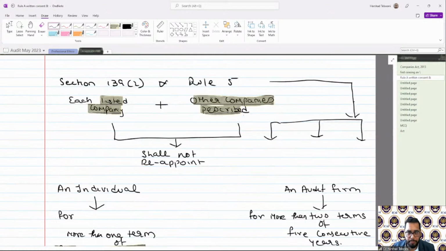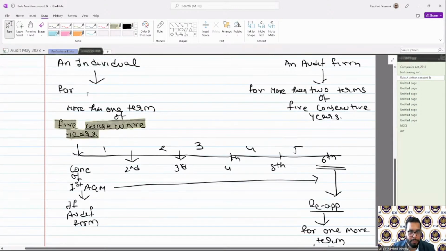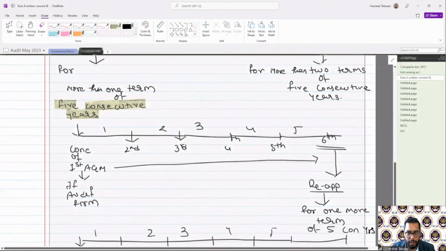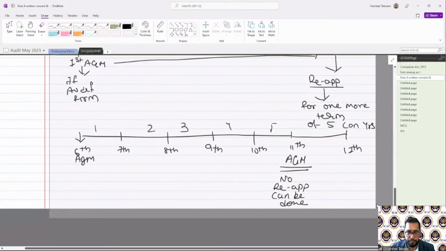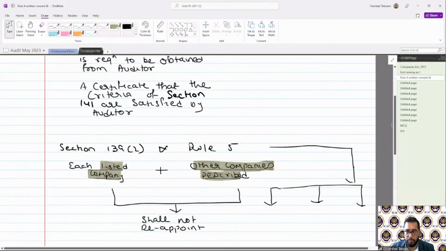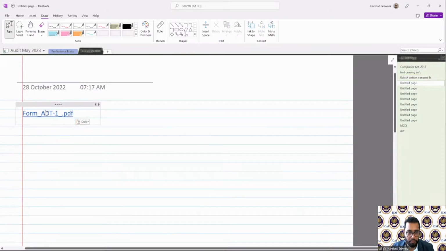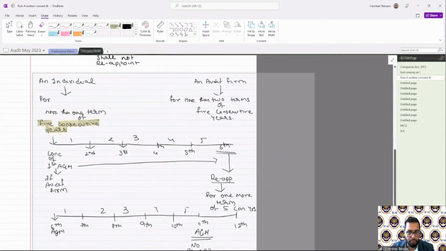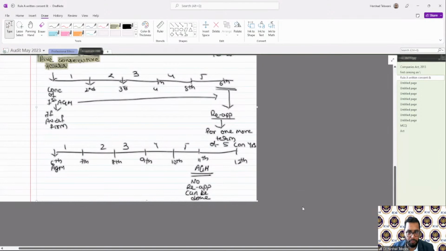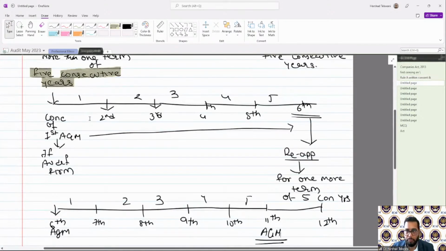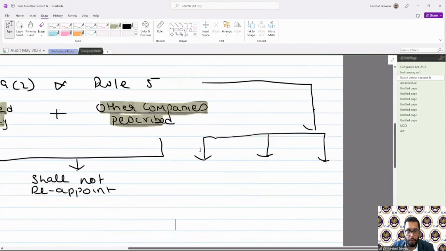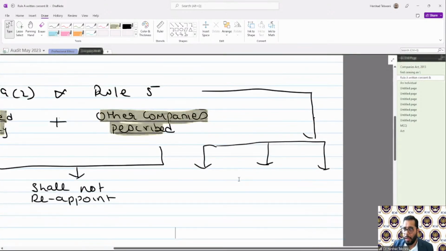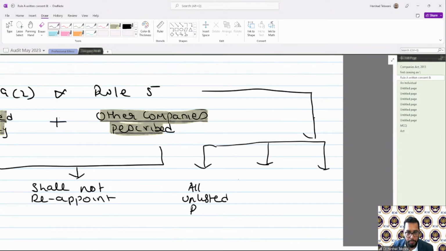The first class is all unlisted public companies.